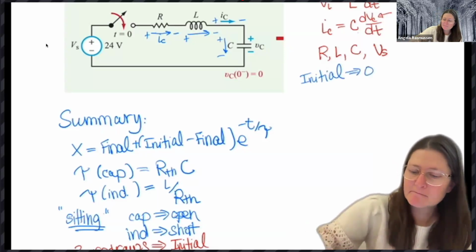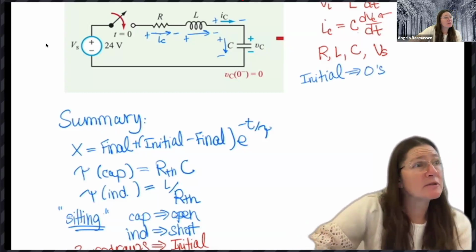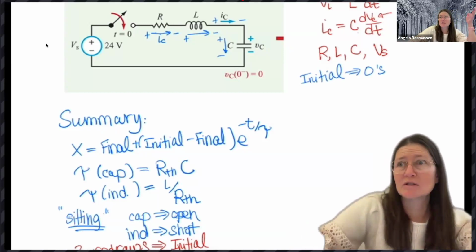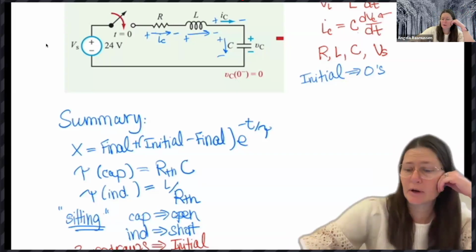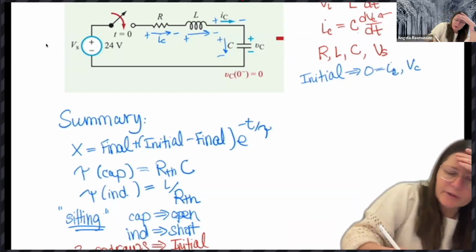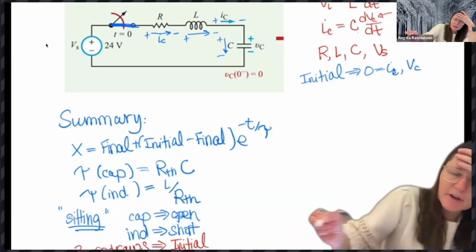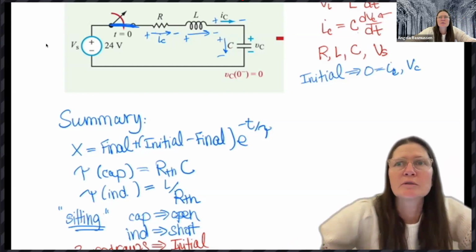Correct, zeros. So we would do the same thing we did before, which is draw the circuit with the switch in the first position. In this case it would be open, and then IC is going to be 0 and VC will be 0. So we really want to look at it now in the final position, after that switch is closed.